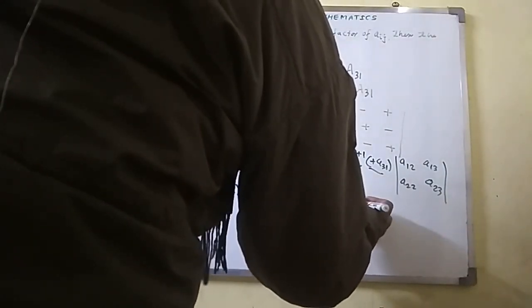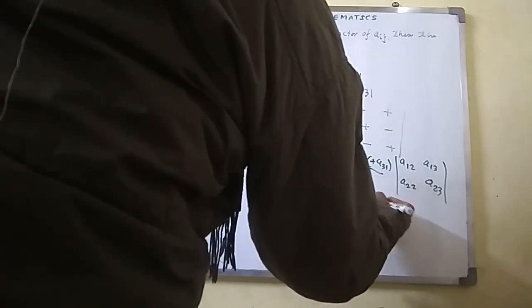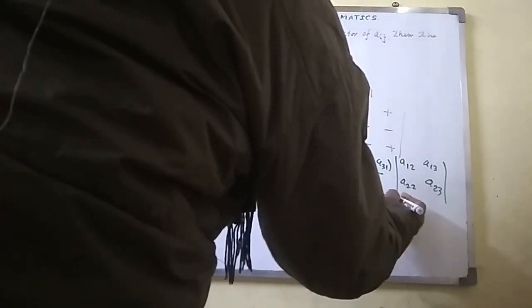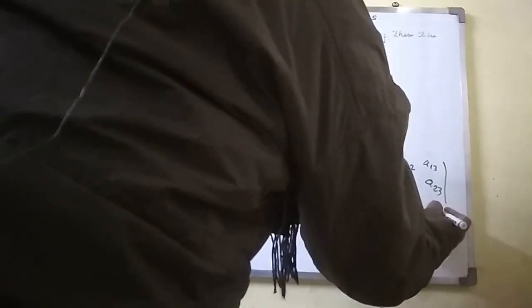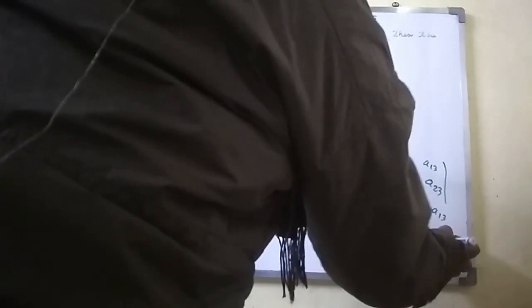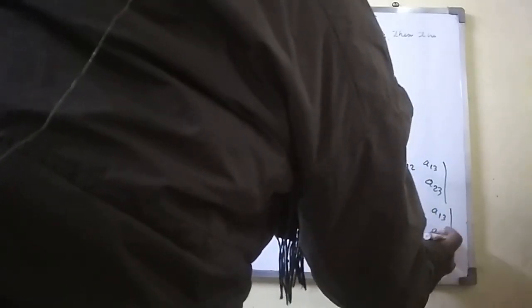And again I shall write A31, minus 1 raised to power 3 plus 1, A12, A13, A22, A23. This thing I shall write.